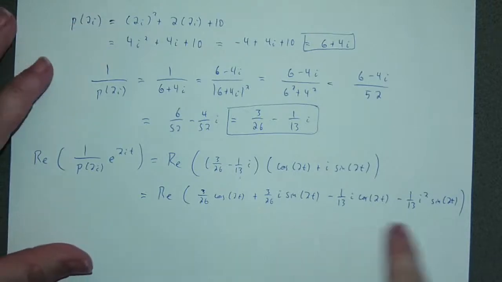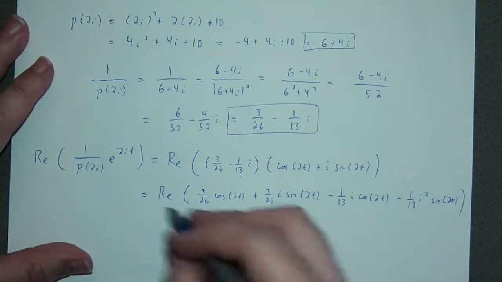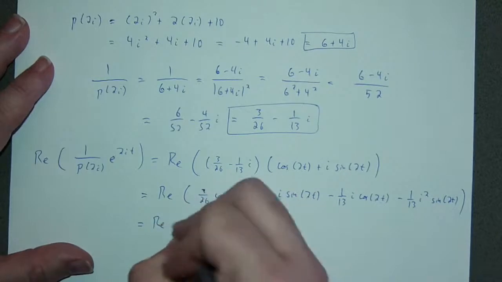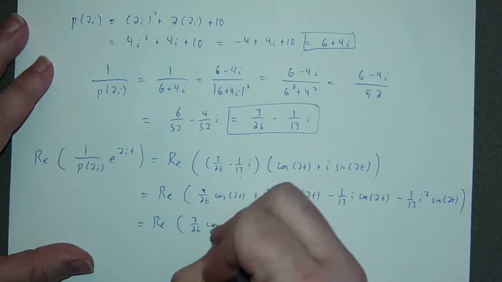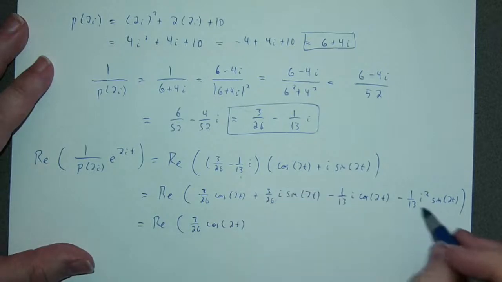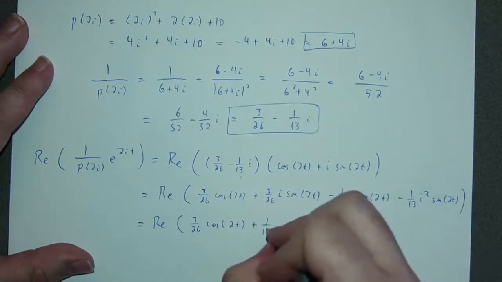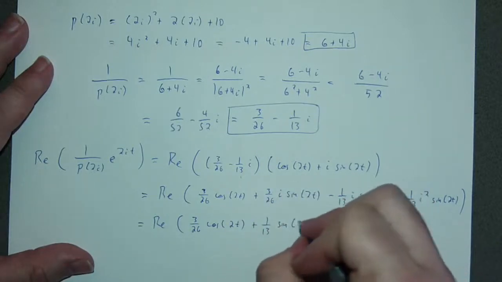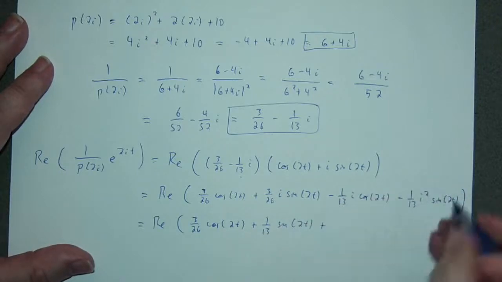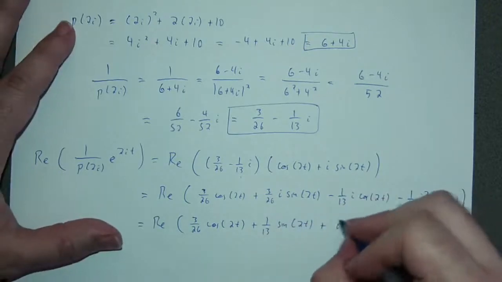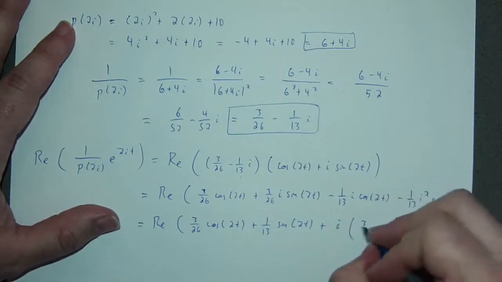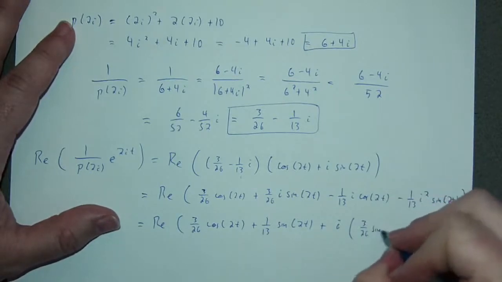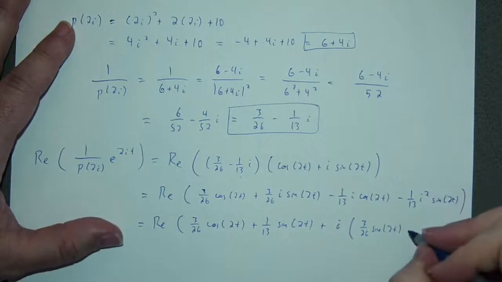Simplify. i squared is minus 1. So this is the real part of 3 over 26 cosine of 2t plus 1 over 13 sine of 2t, plus i times stuff, right? 3 over 26 sine of 2t minus 1 over 13 cosine of 2t.